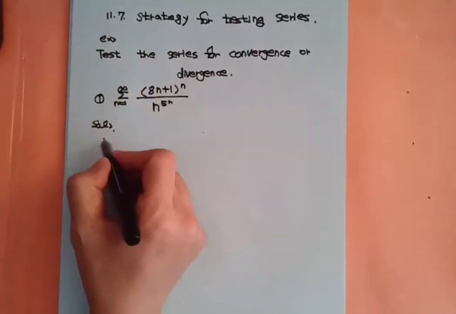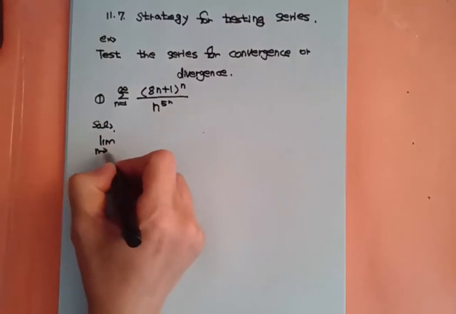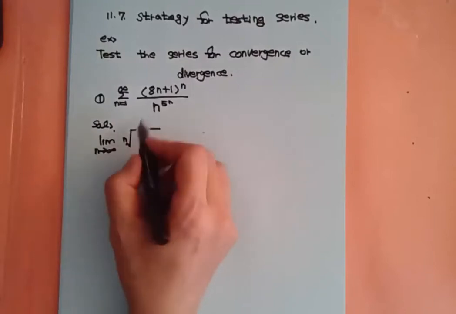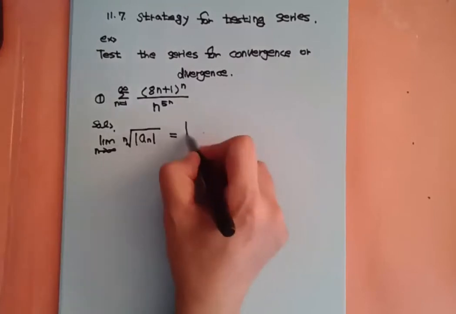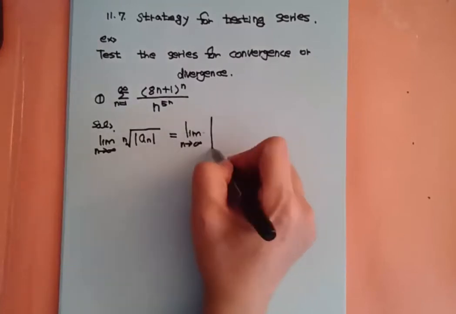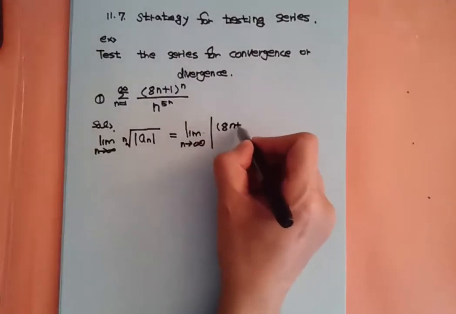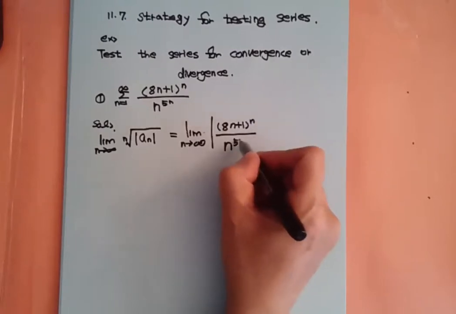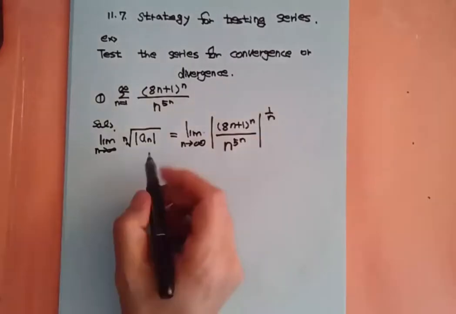So you can say easily that you have to use the root test. So we consider the limit as n goes to infinity of the given fraction, (8n plus 1) to the n power over n to the 5n power, to the 1 over n power.